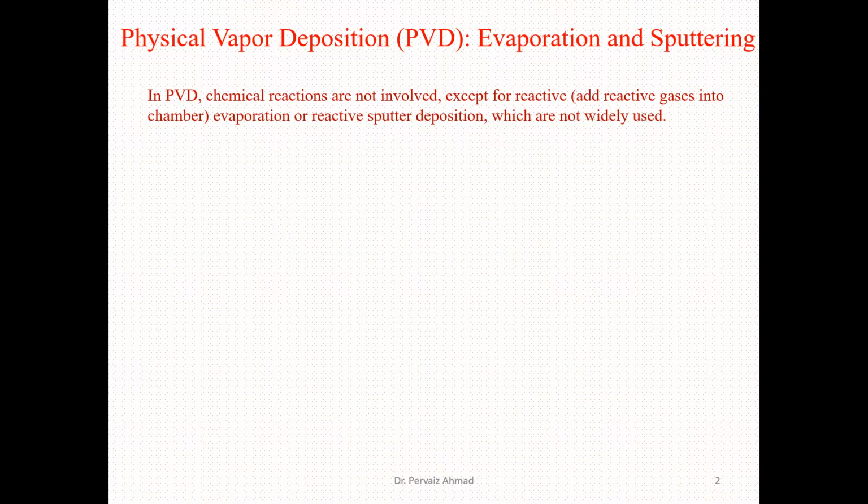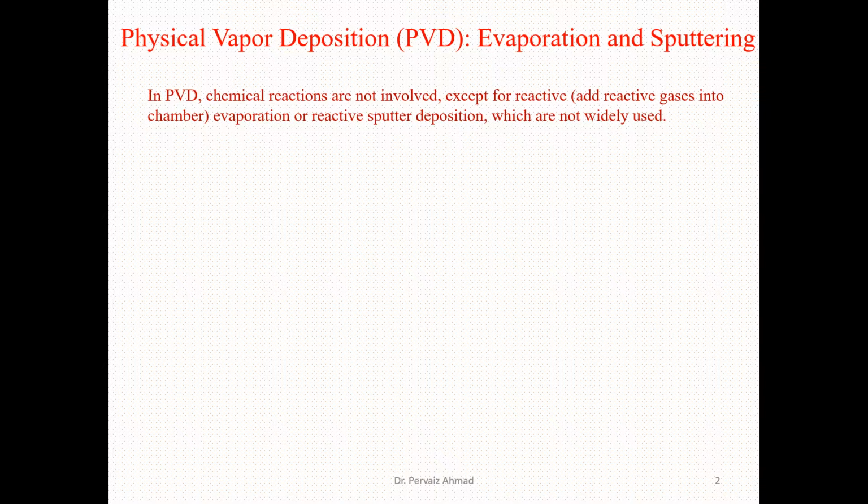In physical vapor deposition we have two basic types, that is, evaporation and sputtering. Evaporation and sputtering are the two basic kinds of physical vapor deposition techniques, and they can be further divided into different types that we will discuss later on.